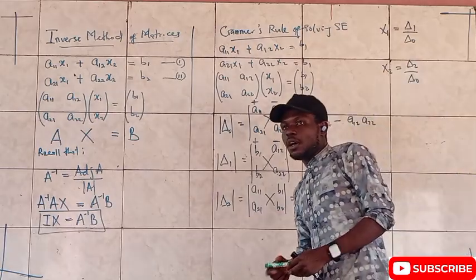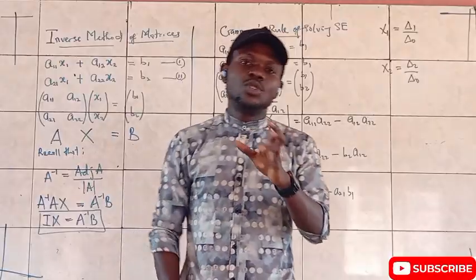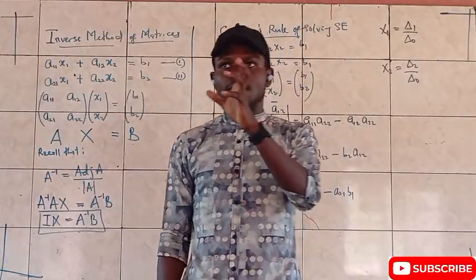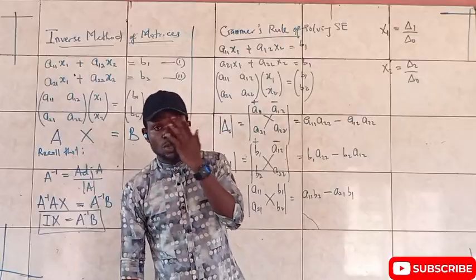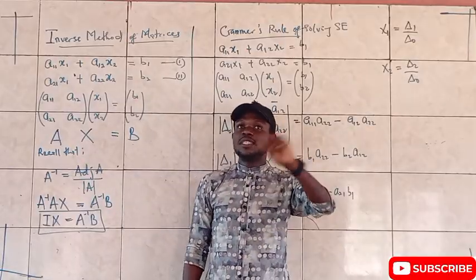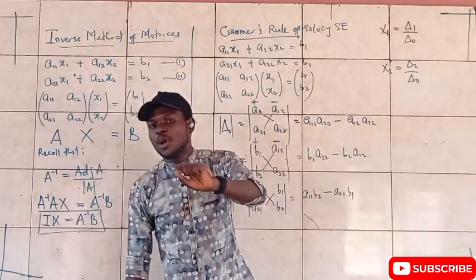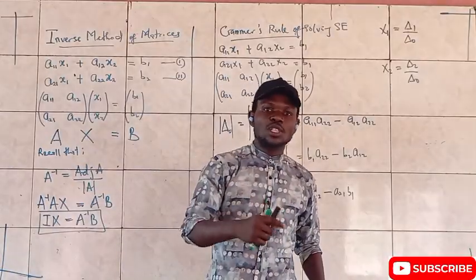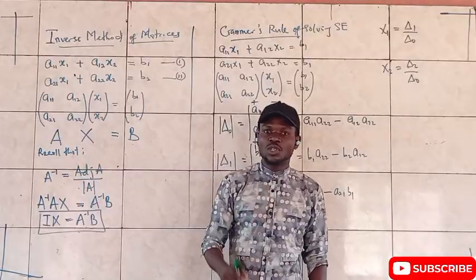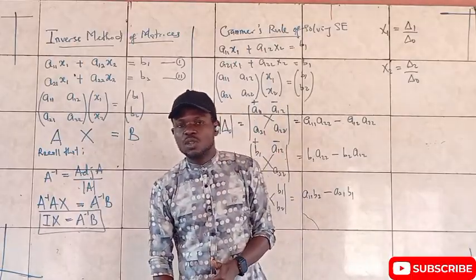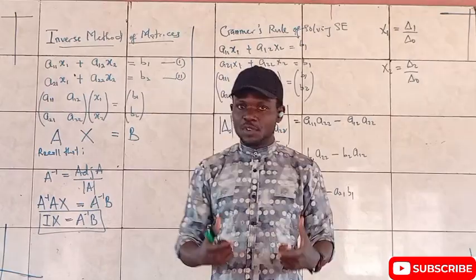And that is the blueprint to solving for x and y using either the inverse method or the Cramer's method. Now, this is in addition to the methods you already knew in SS3 or junior class. You were told that there are basically 3 methods to solving simultaneous equations: the elimination method, the substitution method, then the graphical method.